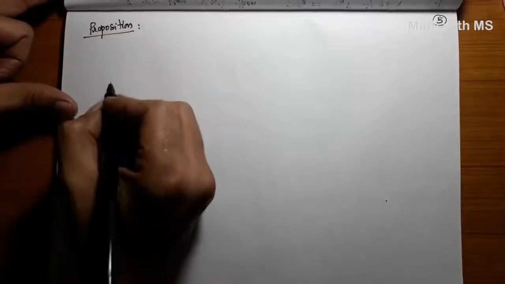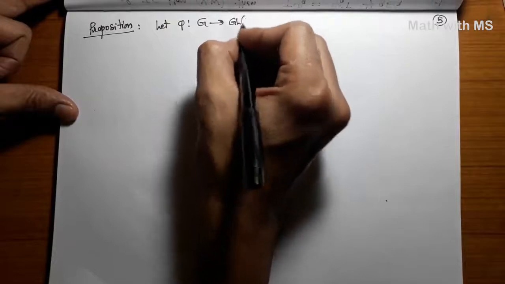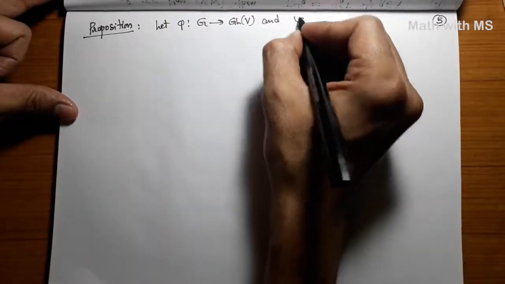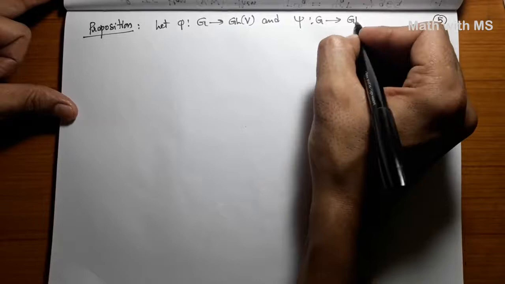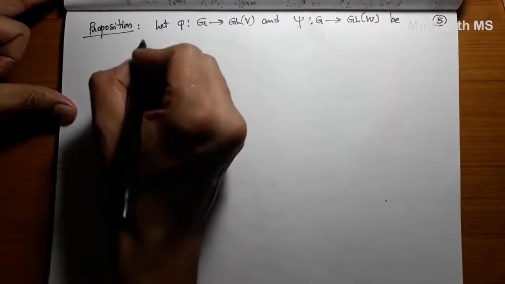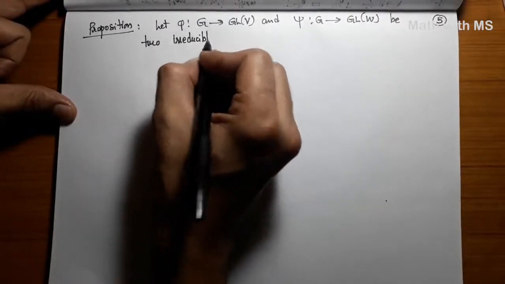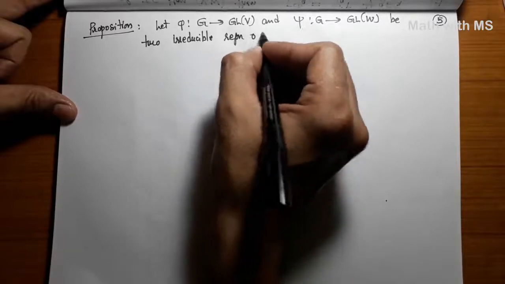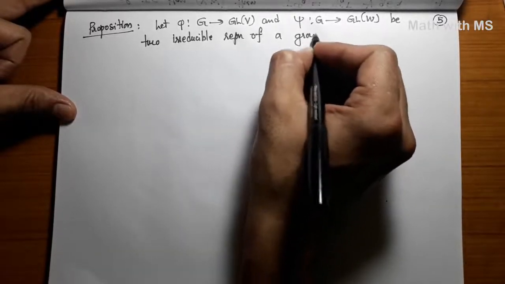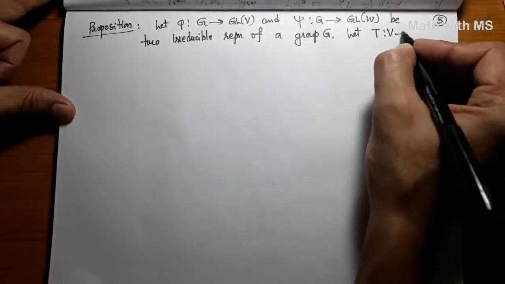The next result is the following. Let phi from G to GL(V) and psi from G to GL(W) be two irreducible representations of a group G, and let T from V to W be a linear map.